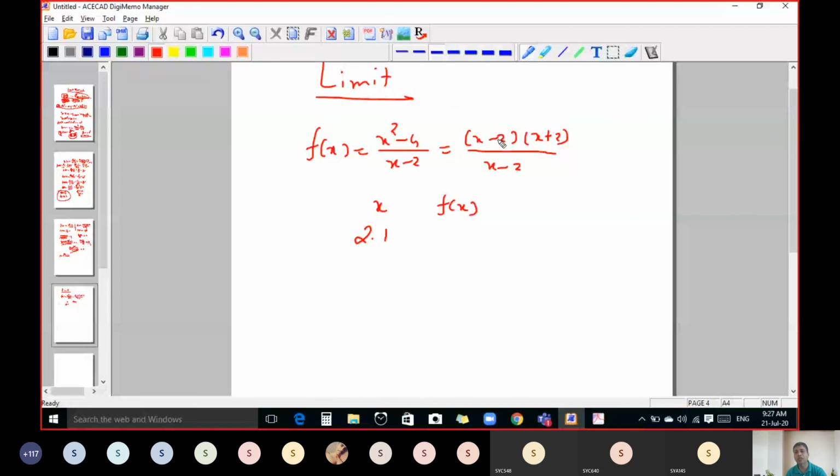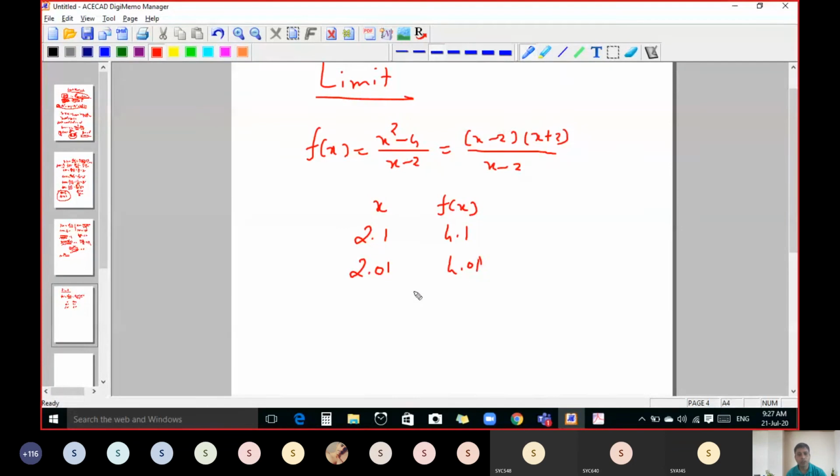And 2.1 plus 2, we get the answer 4.1. If we put 2.01, we get 2.01 minus 2, that is 0.01. Here also 0.01 cancels, and we get the answer 4.01.